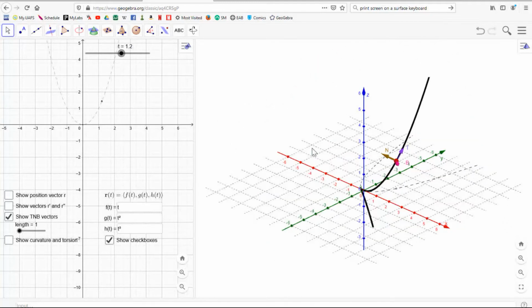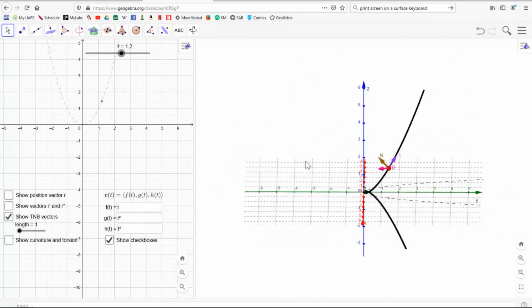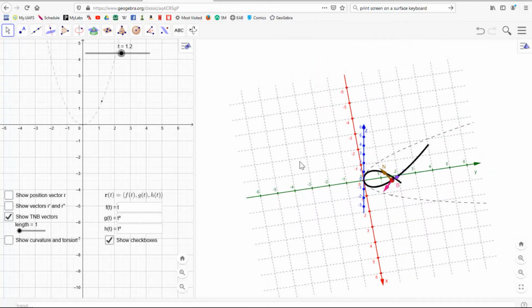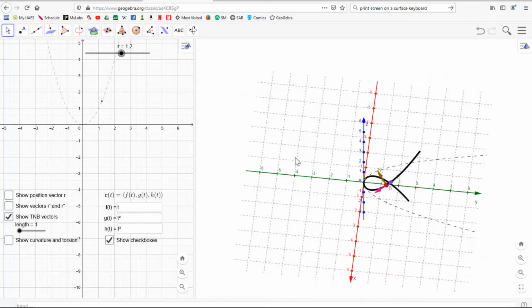Let's get a better look at the graph here. So let's see. Maybe looking down a little bit more from above, and we can see where this thing is going. Let's run it backwards. In reverse.